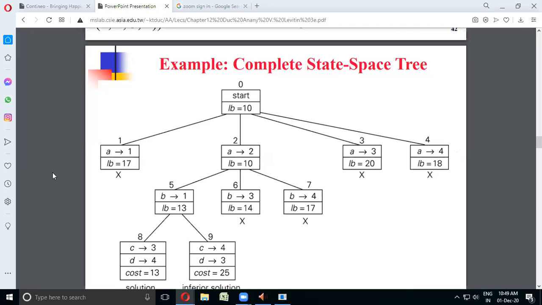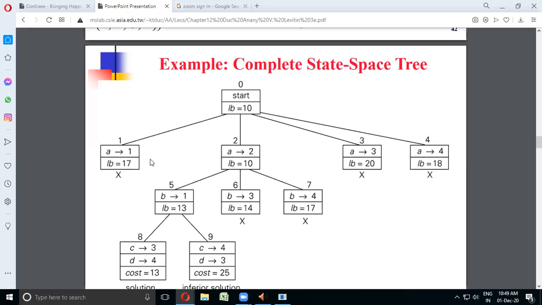When person A is assigned the first job, the lower bound value I get is 17. When I assign person A the second job, I get 10. So among all these, at the first level I'm deciding which job person A must be assigned.